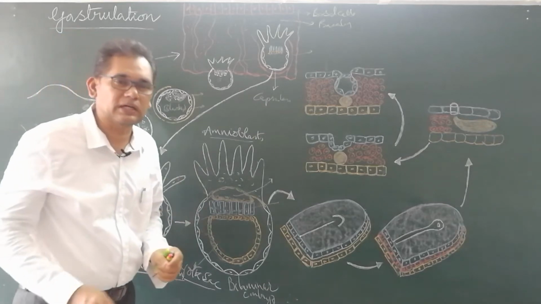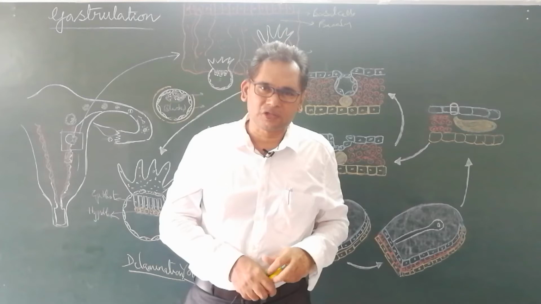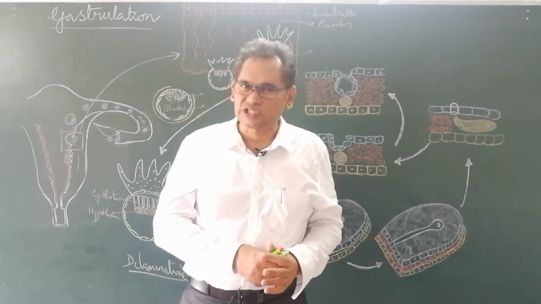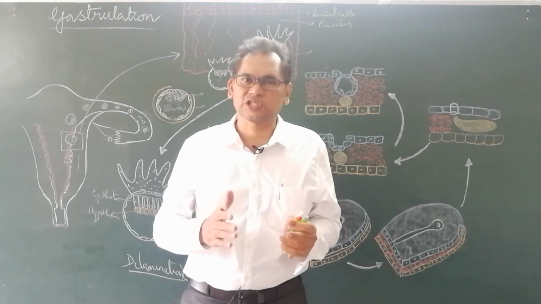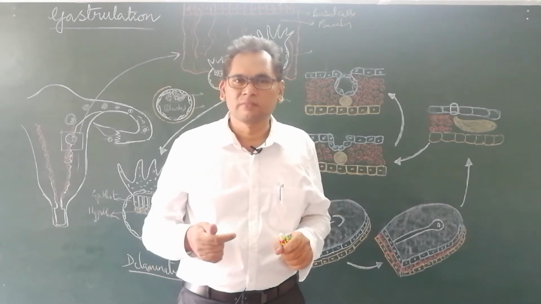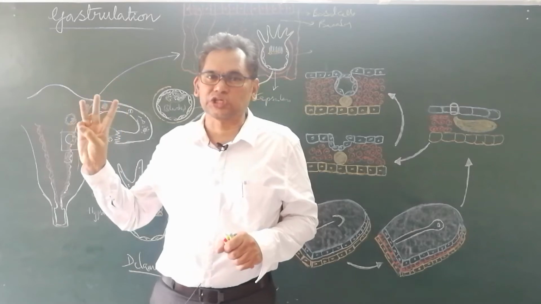What is gastrulation? Gastrulation is a dynamic process, undergoing changes which result in movement of cells or cell masses to their definitive positions for the formation of the three germ layers.